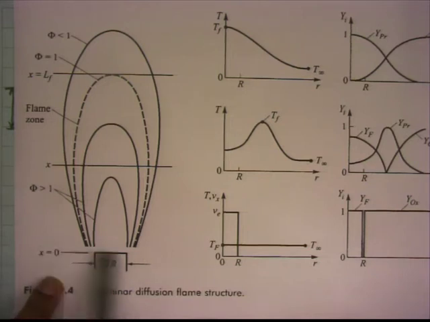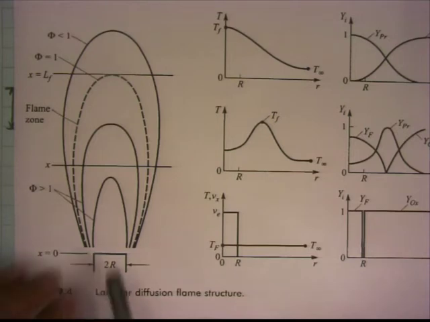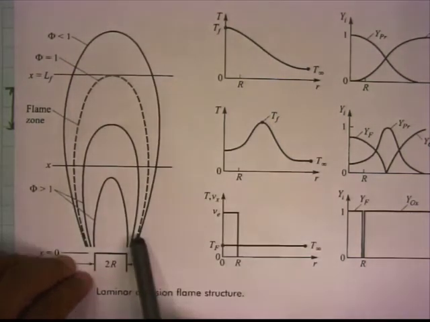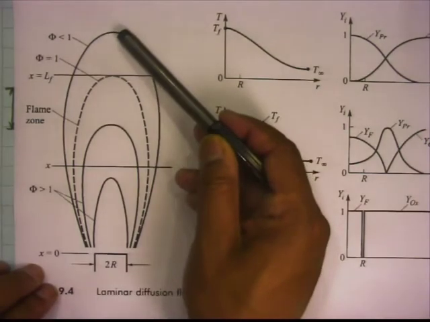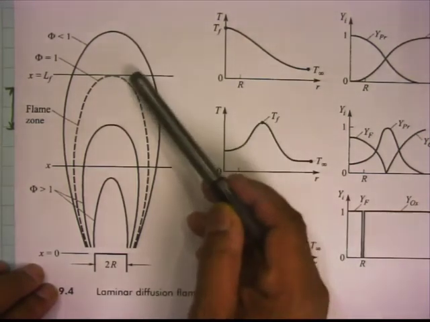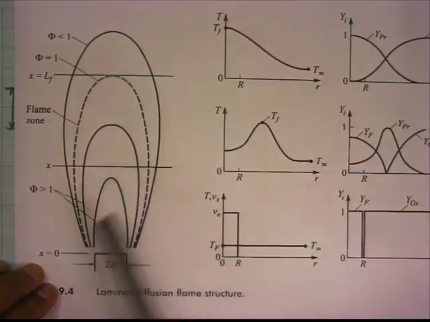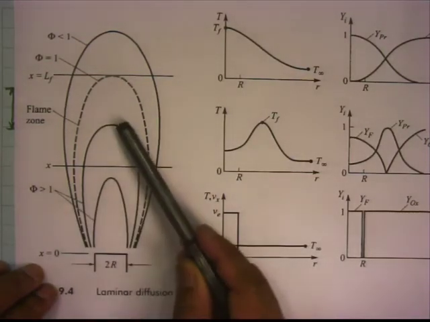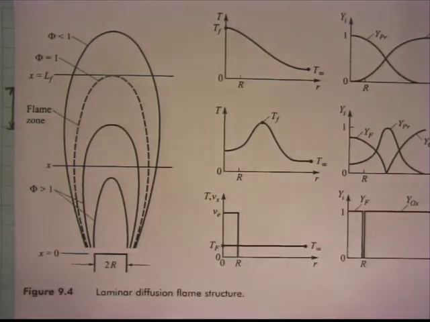This is the x equal to 0 plane. And what you see are these shapes of isocontours of equivalence ratio. This is for phi less than 1, the topmost one. Then the dashed line is phi equal to 1. Then you have a couple of others, this as well as this, these are for phi greater than 1.